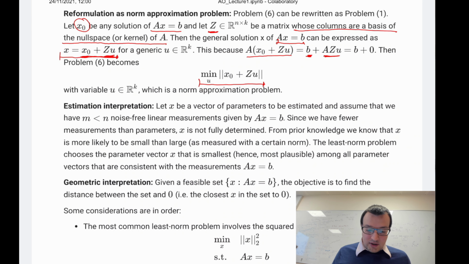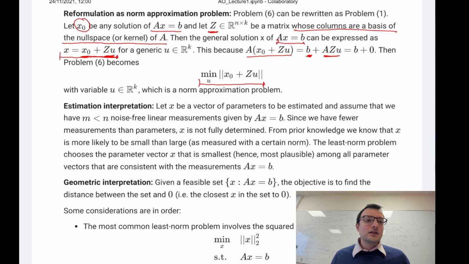There can also be an estimation interpretation of the problem. So consider a vector x of parameters that we want to estimate. Let's assume that we make some measurements of an underlying device, and these measurements this time are noise-free.